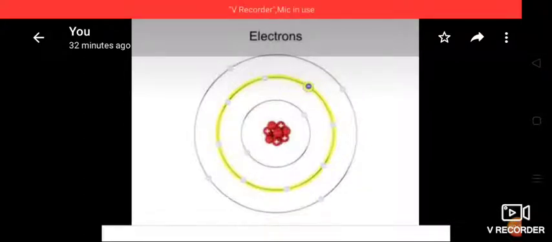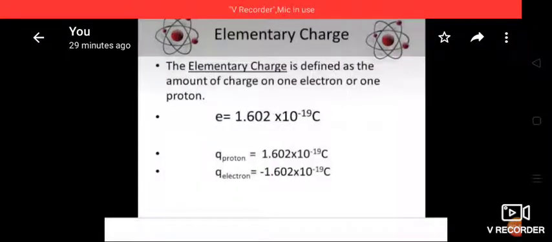Then you will get the mass of the electron as 9.1094 × 10^-31 kilogram. So these are the discoveries of the electron. The charge was discovered by R.A. Millikan.